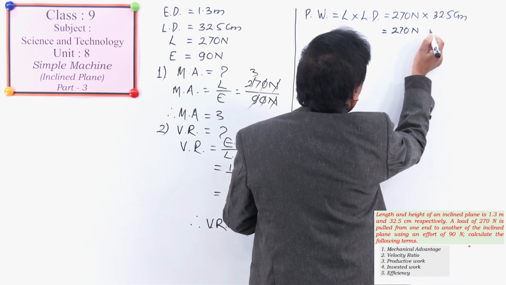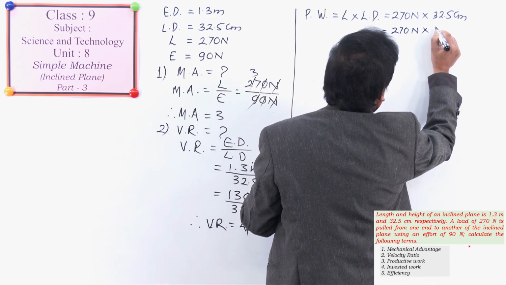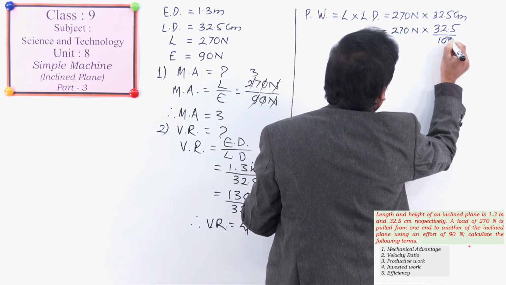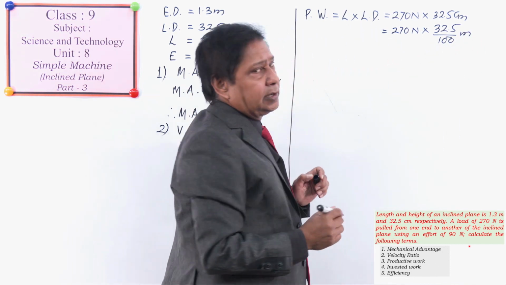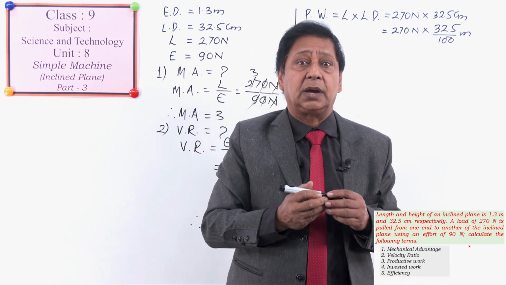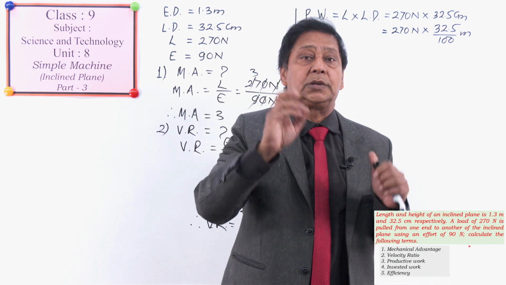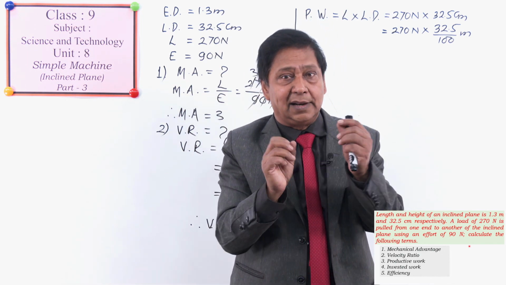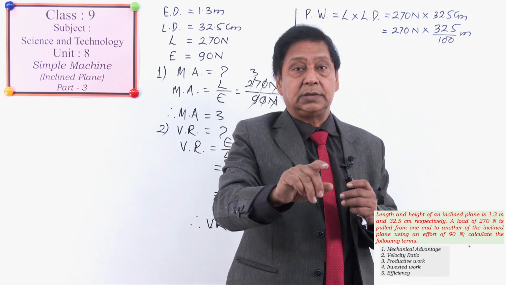32.5, if it is divided by 100, then we'll get it in meter, because centimeter is a small unit. I mean to say a small unit has to be converted to a bigger unit, and it is possible only by division, and the division should be made by the relation of 100. 1 meter is equal to 100 centimeter.